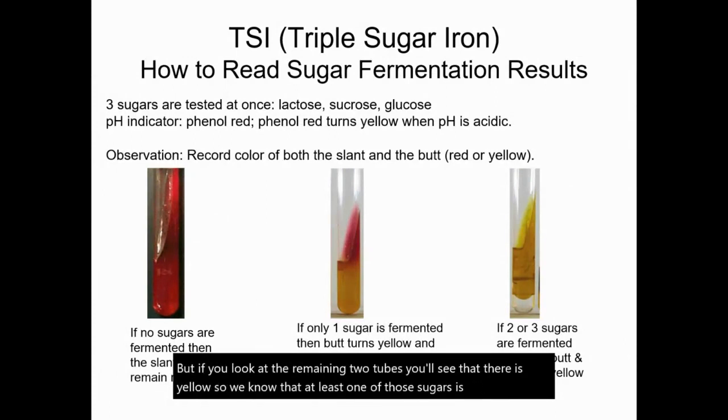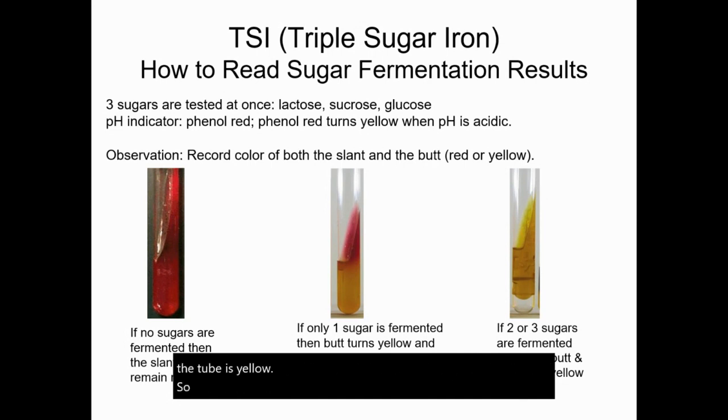Now in the middle tube, notice that the slant is red and the bottom of the tube is yellow. So you report this as K over A. So K is for alkaline, A is for acidic. The slant is red because it has a neutral or more alkaline pH, hence the K being used to describe the slant.